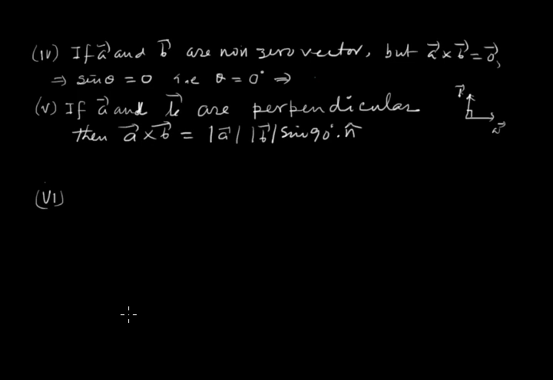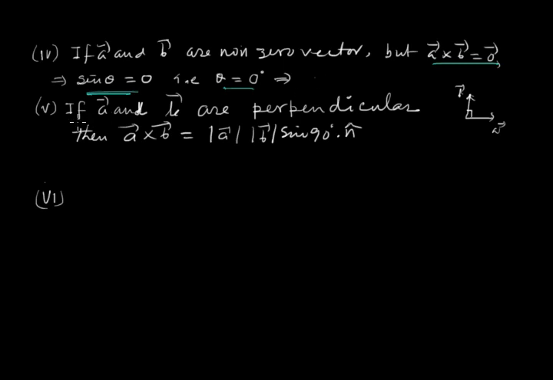Next, we can write that if A and B are non-zero vectors but A cross B is equal to 0, so A and B are non-zero but their product is the zero vector, then obviously sine theta must be 0, or theta is equal to 0 degree.